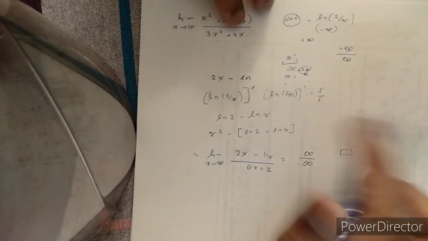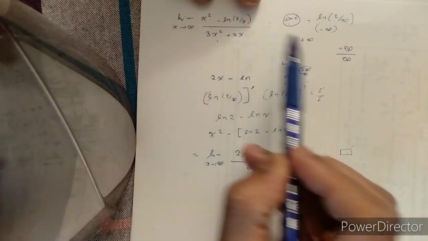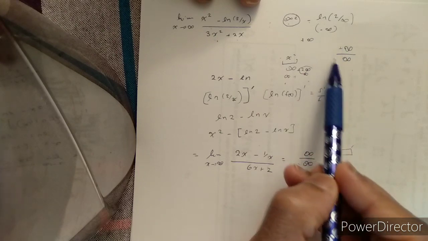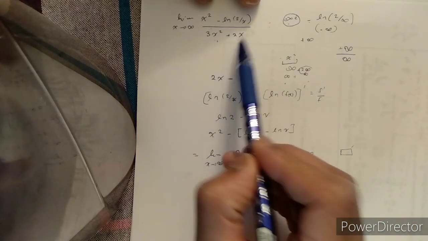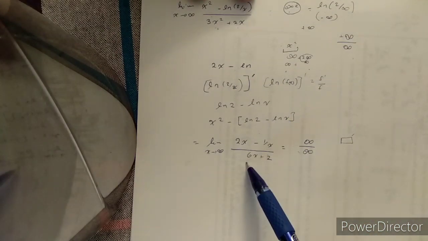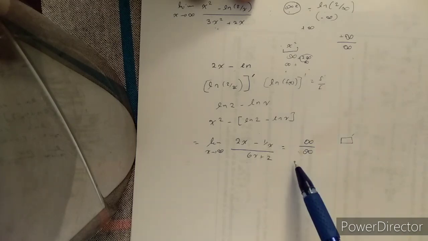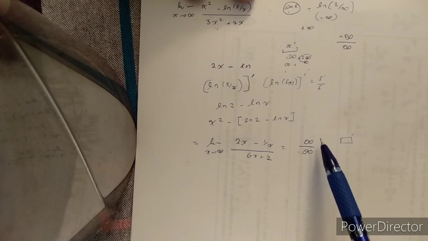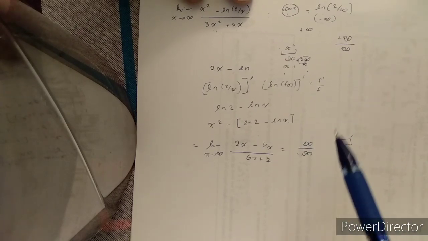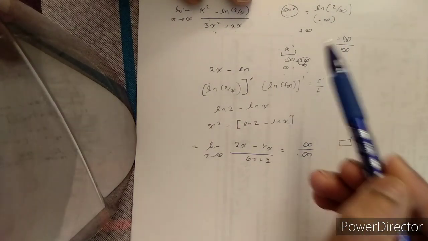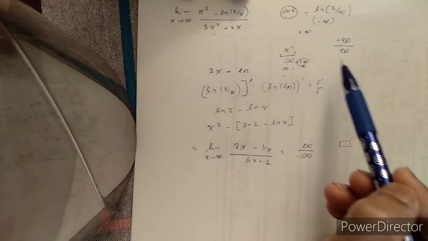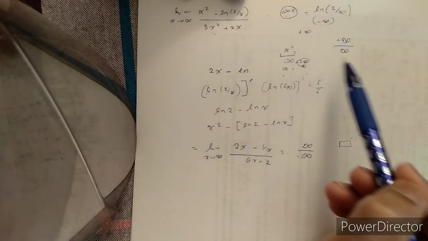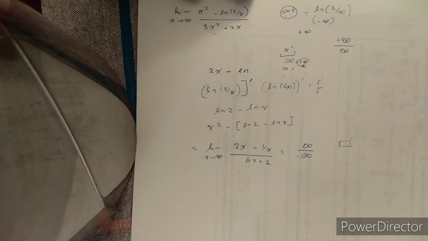See, in the very first problem we had the suitable category for L'Hopital's rule, and when we applied it, we didn't get a finite answer. Instead, we got a result which goes to the suitable category of L'Hopital's rule again.